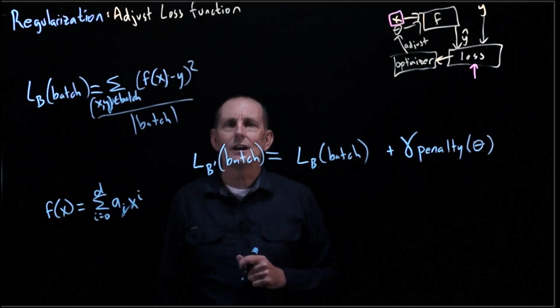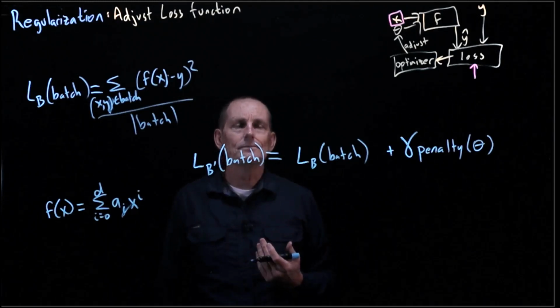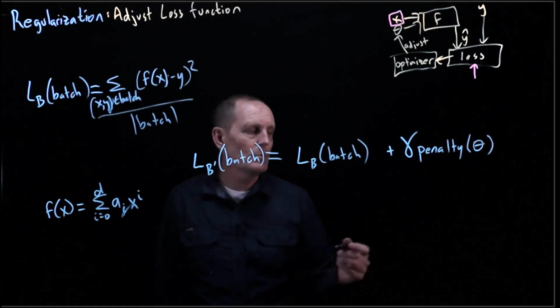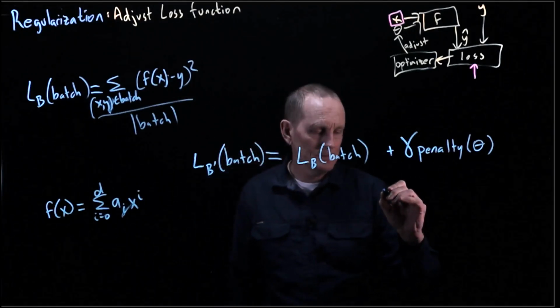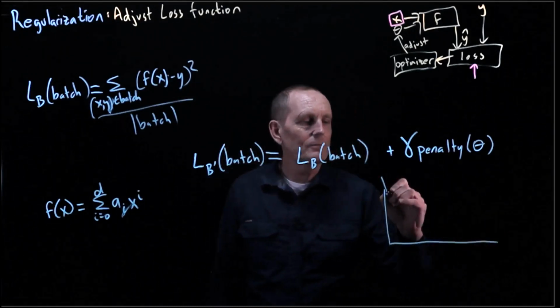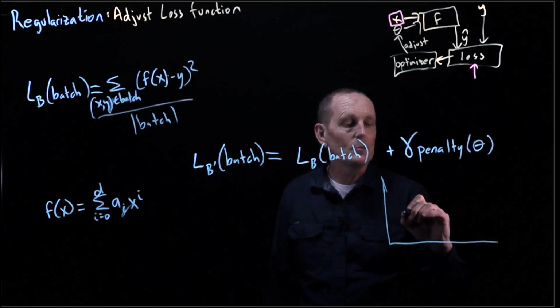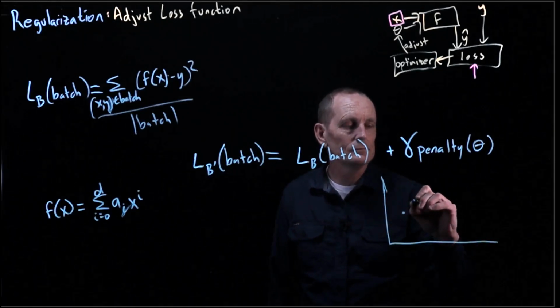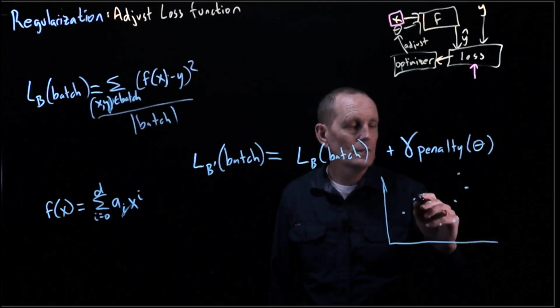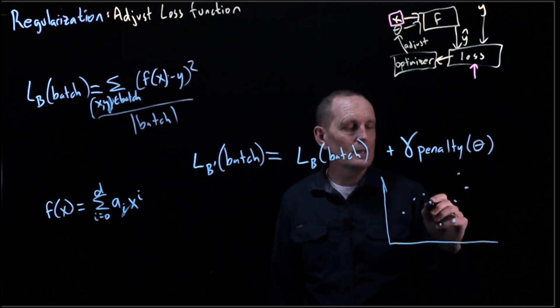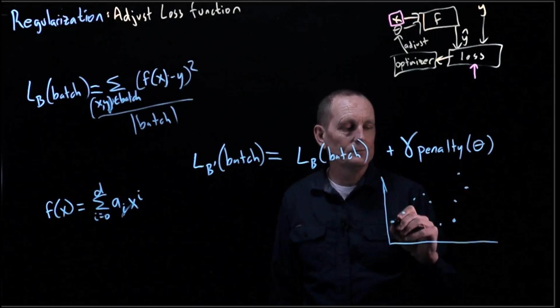What would it mean to have a complicated theta? Well, imagine we have a 10-degree polynomial. We've got some data points to fit. Let's say we have 10 data points: 2, 3, 4, 5, 6, 7, 8, 9, and we'll get one more here.